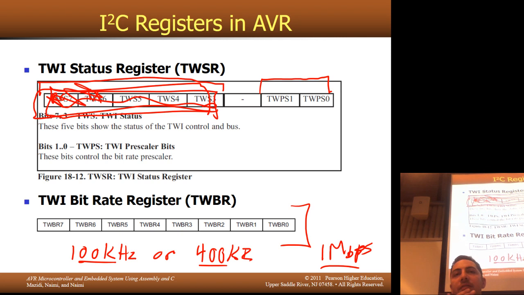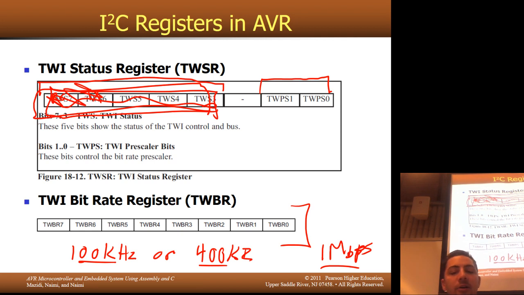If you have different devices on your bus, you got one that can talk at 1 megabit, 3 that can talk at 400 kilohertz, you cannot go faster than the slowest device. So if you have 9 1 megabit per second devices and 1 100 kilohertz, you're limited to 100 kilohertz for everything. Because the address packet is the first thing that differentiates which one you're talking to. So you've got to deal with that.